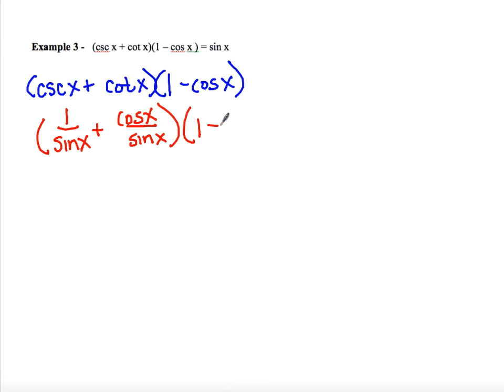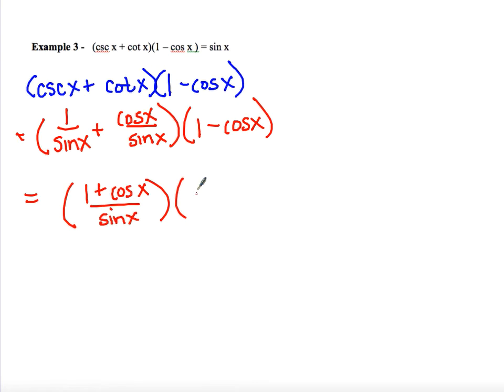And then we're going to leave this one because it's already in terms of sines and cosines. Now, before I distribute them together, I look in this first set of parentheses and I see that they both have a sine as a denominator. So it's like a common denominator just came to us and we didn't even have to do that much work to make it happen. So I'm going to rewrite this as 1 plus cosine over sine times 1 minus the cosine.